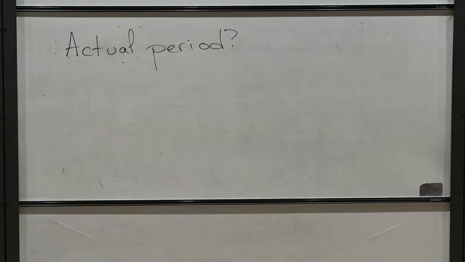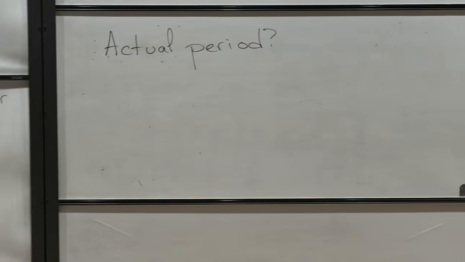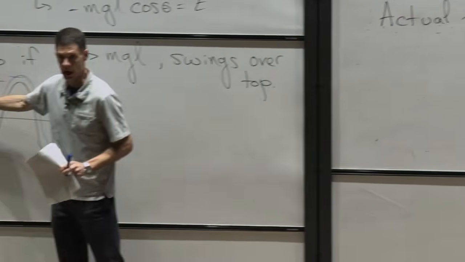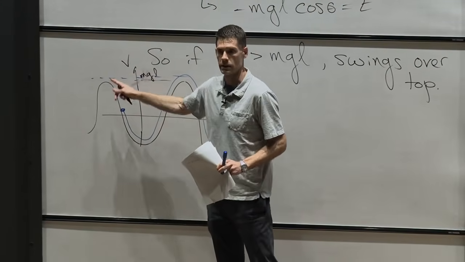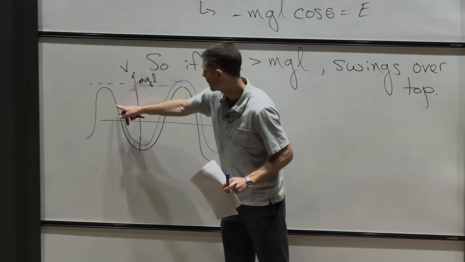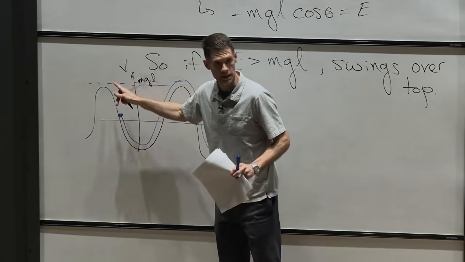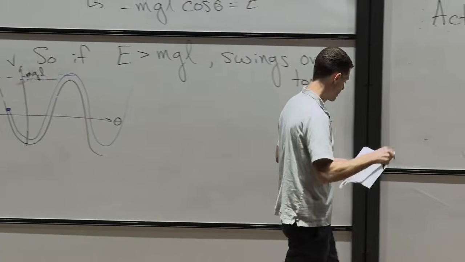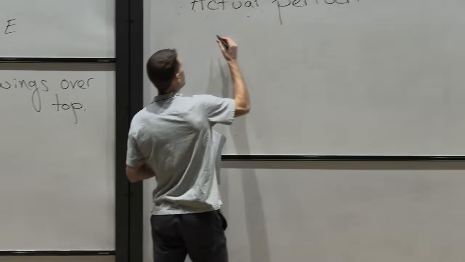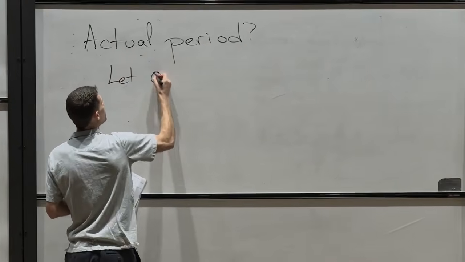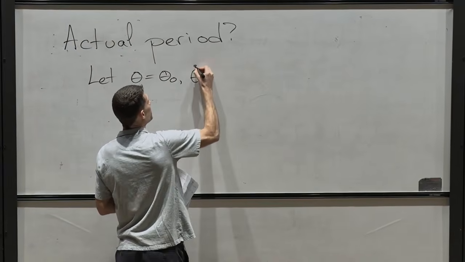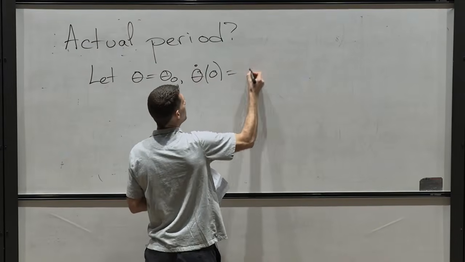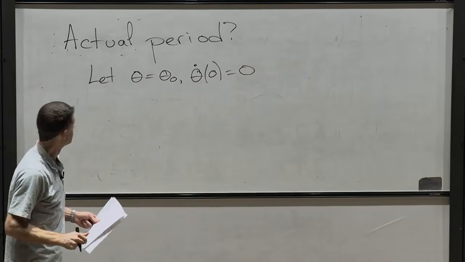I'm imagining I start somewhere without any velocity, so the pendulum is going back and forth in my potential field. How long does it take to get one cycle if I have the sine theta there? So we can let theta be theta 0. Let's take theta dot of 0 to be 0.